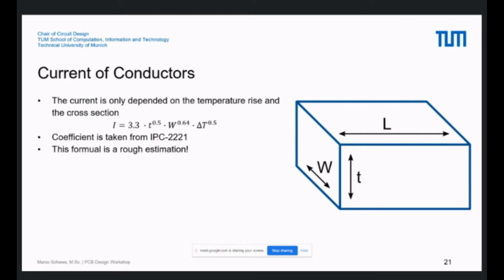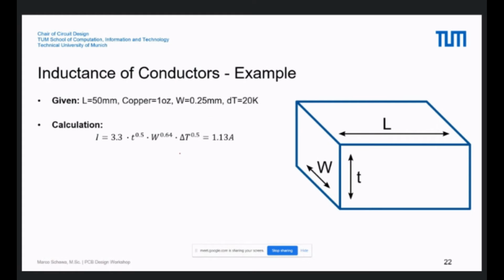This is an industrial standard for current calculation of a conductor. And here you see also the temperature is very important, the temperature increase. In this example, let's say we have again 50 millimeter length, we have 1 ounce copper, we have 0.25 millimeter width, and we have a temperature increase of 20 Kelvin.